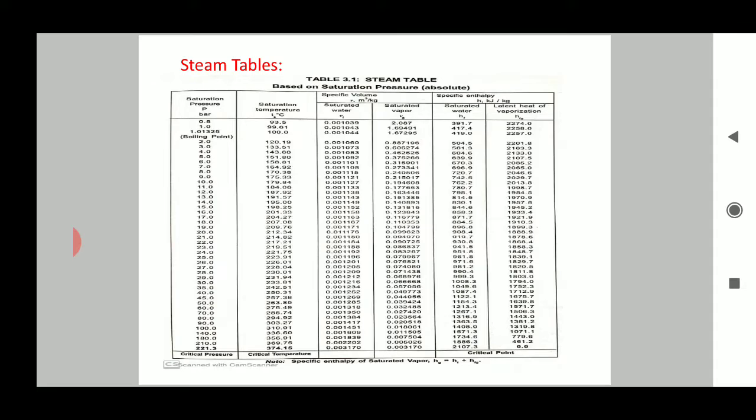So, before solving the problems on steam, we must know the use of steam tables because the data required to solve the problems is to be taken from the steam tables. There are two tables given in this presentation.